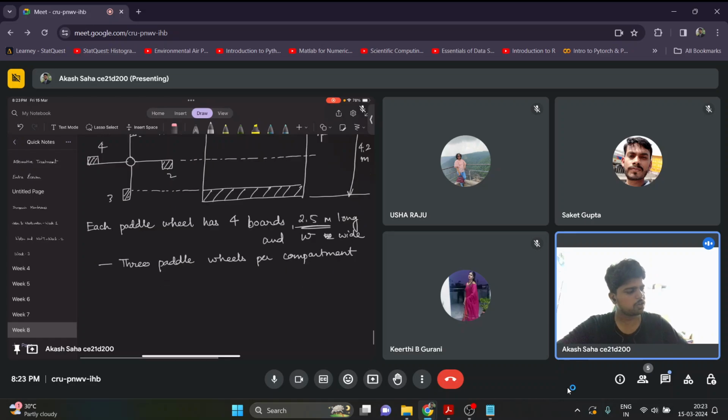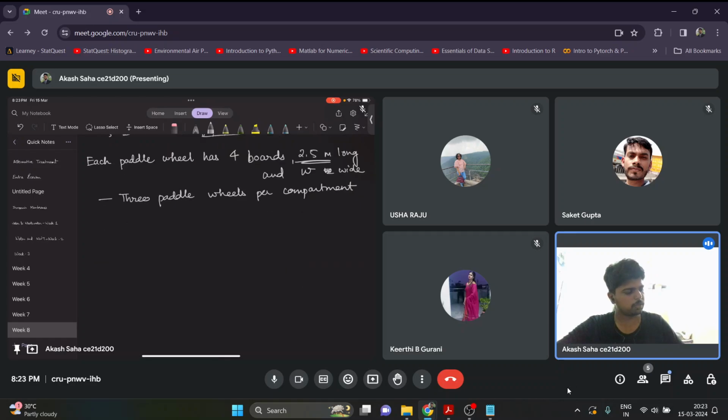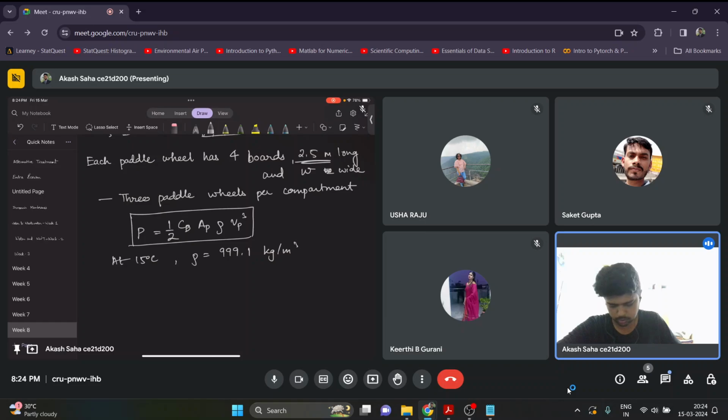So how can we find it? We know the power for each compartment. Now power we know is equal to G square mu V. Otherwise, another formula is power is equal to half CD AP rho into VP cube. So this is another formula for power. At 15 degrees Celsius, my rho value will be equal to 999.1 kg per meter cube.